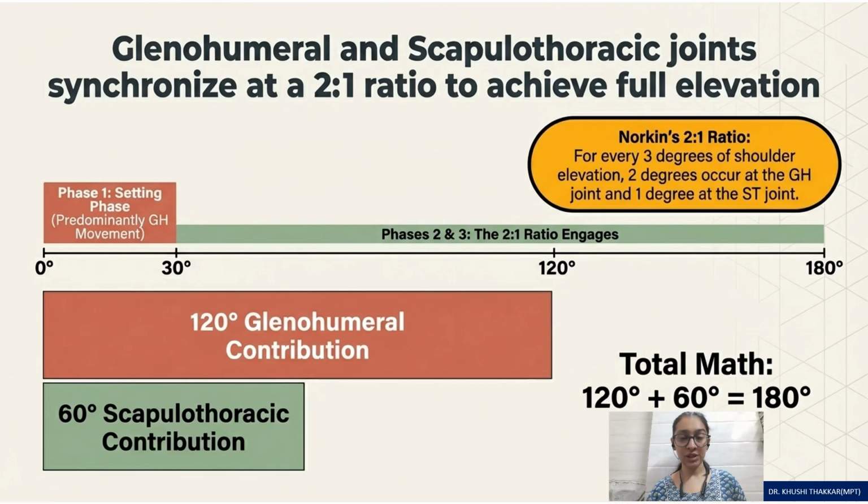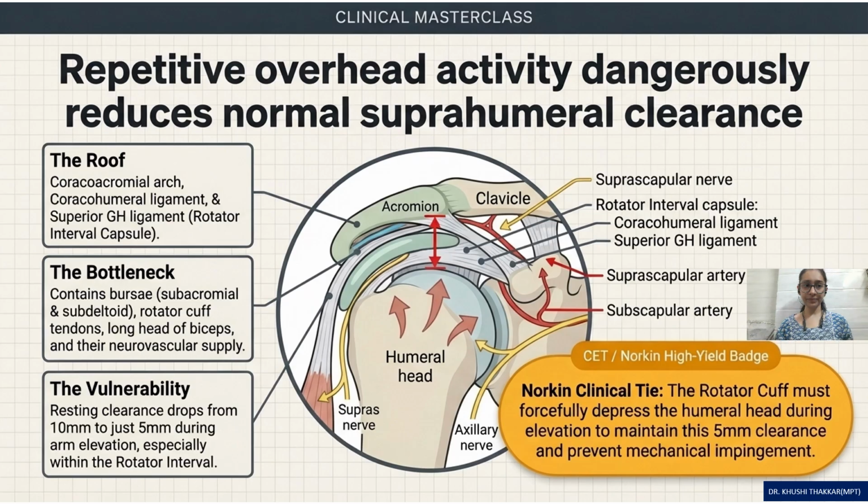As a basic understanding, 120 degrees is the glenohumeral contribution to abduction and 60 degrees is the scapulothoracic contribution. This causes a total of 180 degrees of shoulder abduction. We shall discuss this in the kinematics and kinetics part in detail later in the next lecture series.